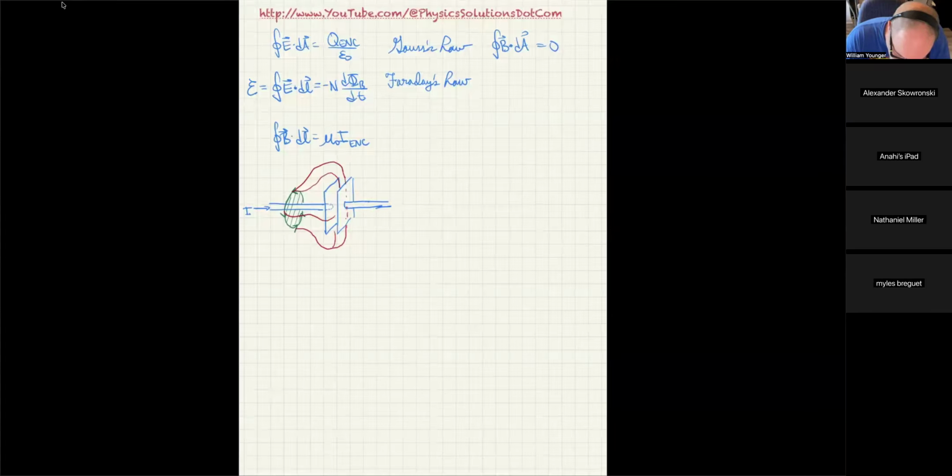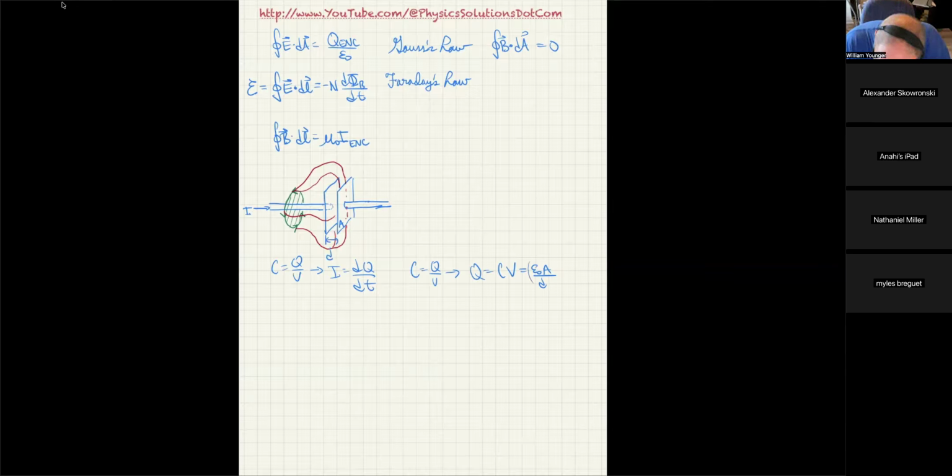For instance, we know that C is equal to Q over V, and we know that I is dQ/dt. So we can solve C equals Q over V for Q, and say Q is equal to C times V. Now we can substitute the capacitance of the capacitor, which is epsilon 0 A over D, where A is the surface area of the plate and D is the separation between the plates.